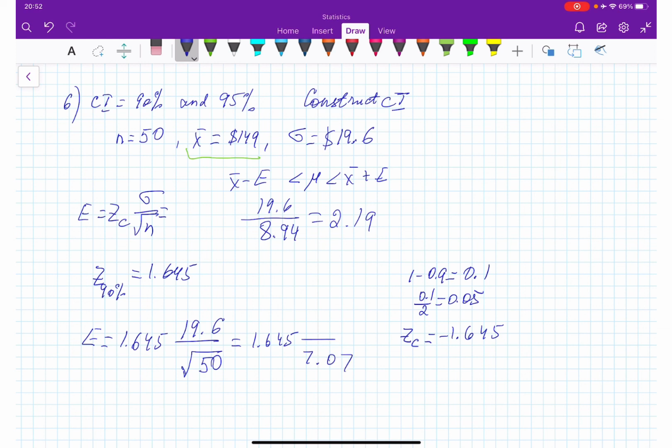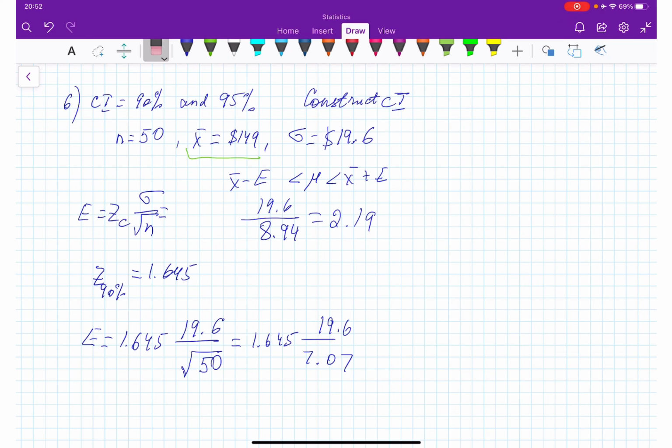And here is 19.6, so 19.6 divided by 7.07 is going to be 2.77.